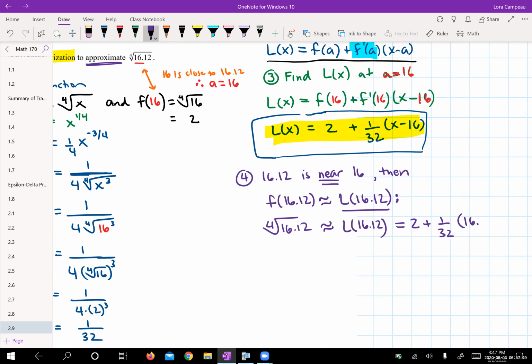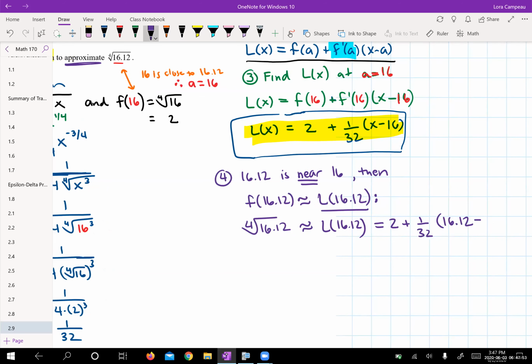And then instead of using x, I'm using 16.12 minus 16. So again, just emphasizing one more time, we are substituting in for x. See if I can highlight that. Now it turns orange.